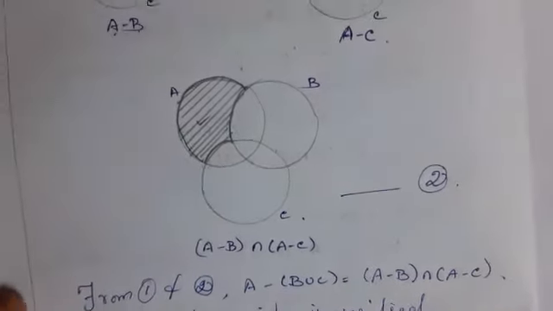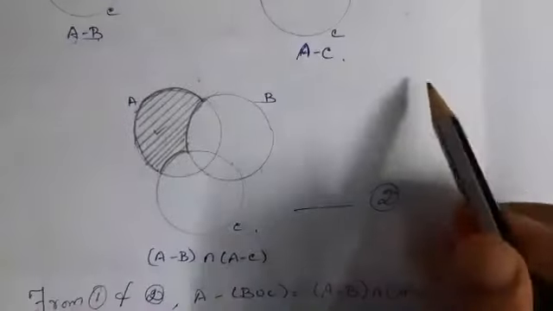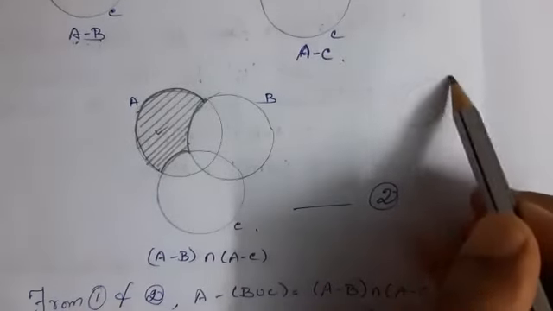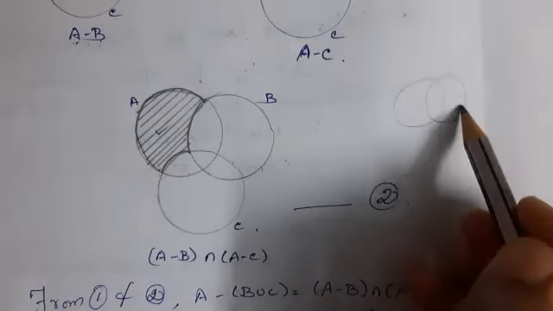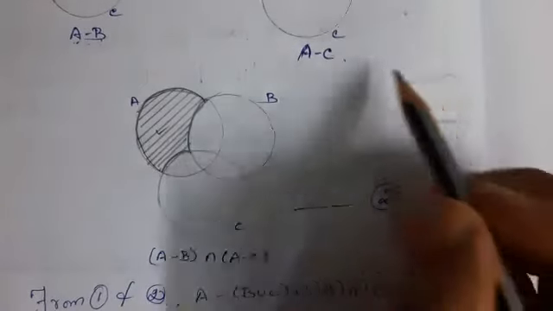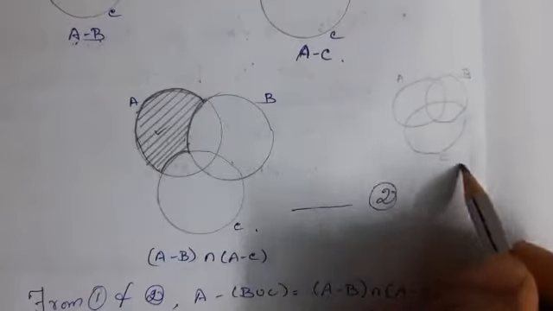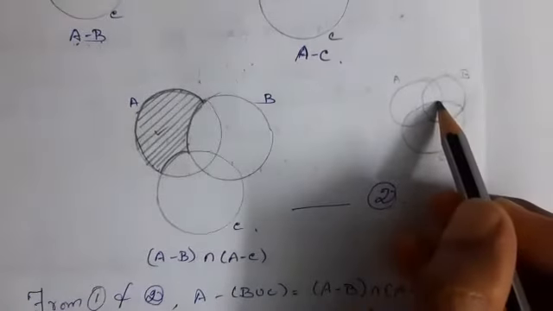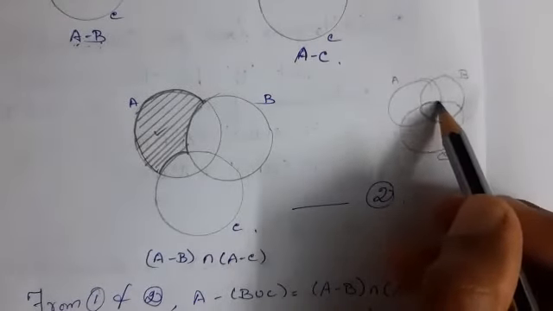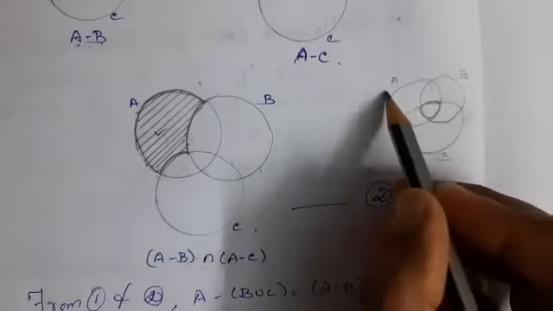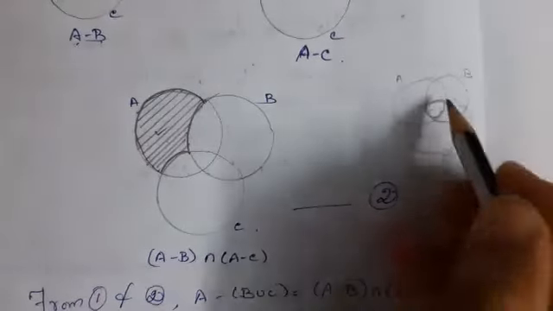Students, one more thing. If you have a doubt in this Venn diagram, you must understand this portion. First circle for A, second for B, third circle is C. See, this is the portion belonging to A circle, B circle and C circle.